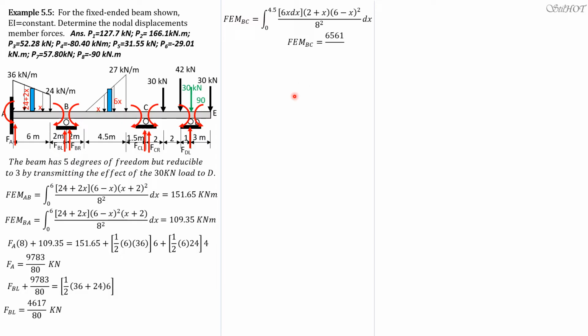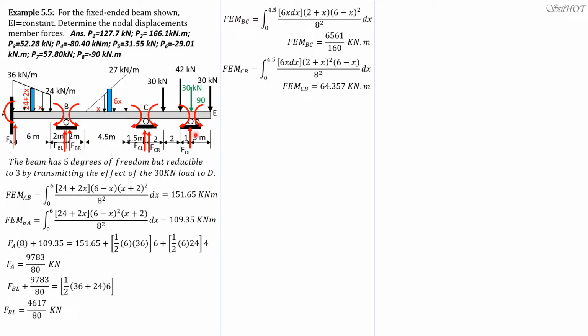So fixed moment BC is equal to 6561 over 160 kilonewton meter. Fixed moment CB is same integral, 2 plus x is squared this time, 6 minus x is not, 0 to 4.5 again. So we will get fixed moment CB equals 64.357 kilonewton meter.